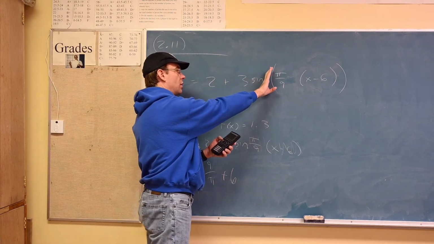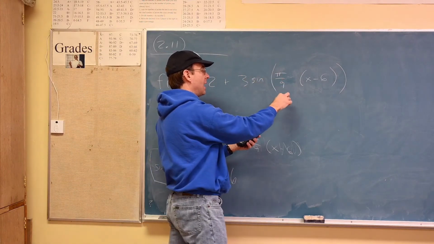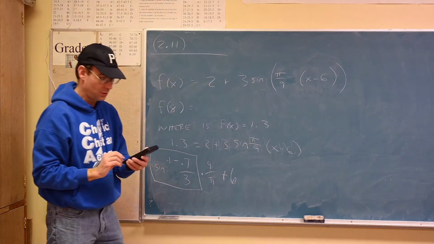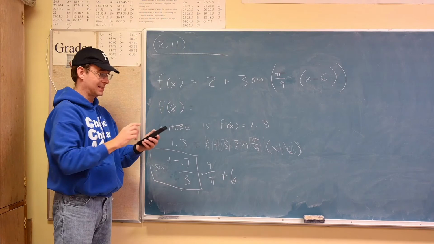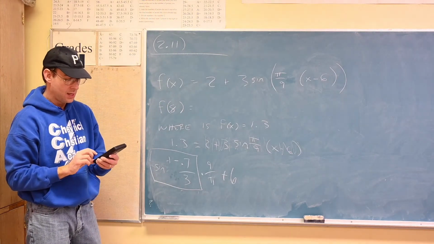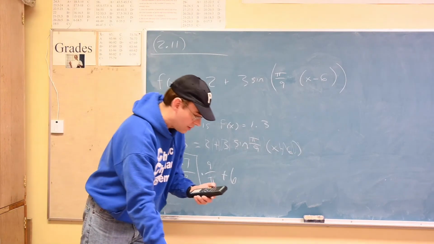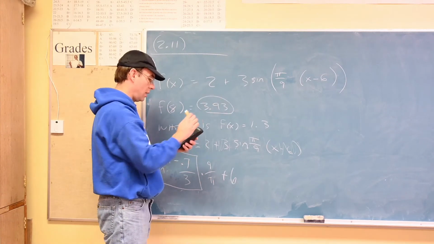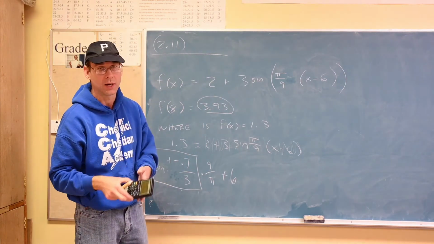The calculator starts you with parentheses, pi dividing 9 for sure, and then I'm going to go times 2. That's just what I'm doing. I refuse to do 8 minus 6 in nested parentheses. And I'm saying 3.93 is what I'd be shooting for if I'm doing a sine version of that question.